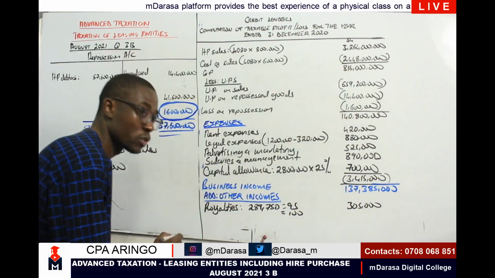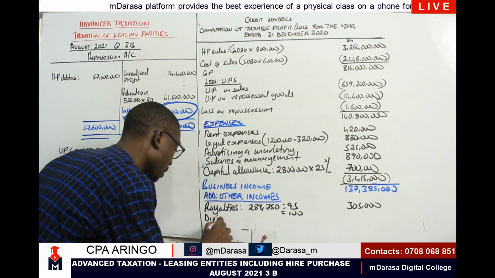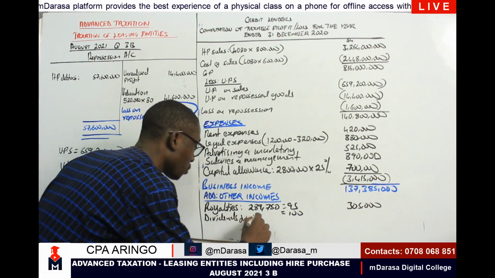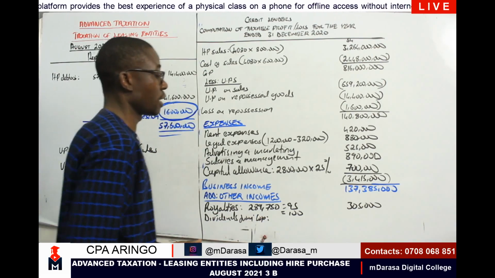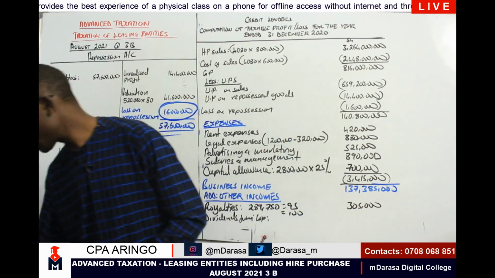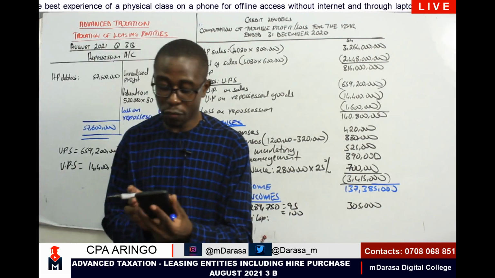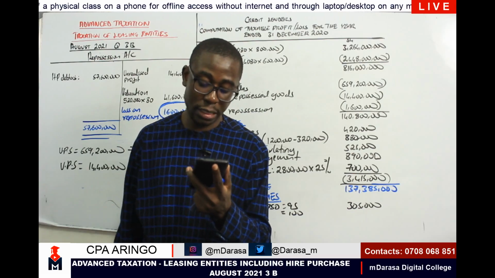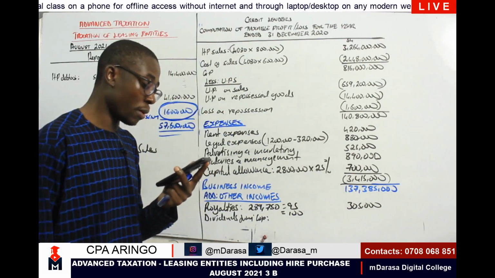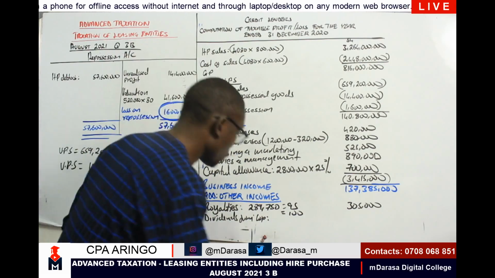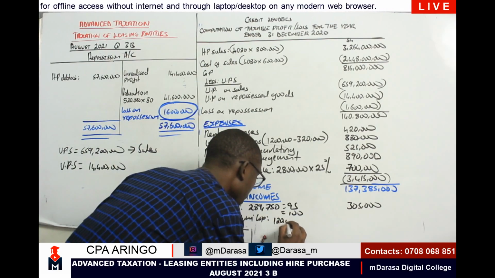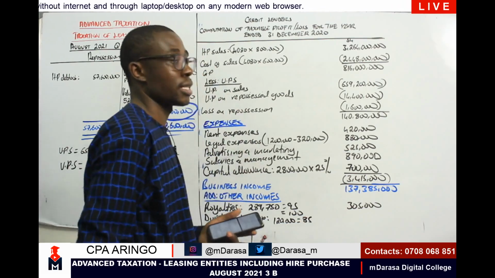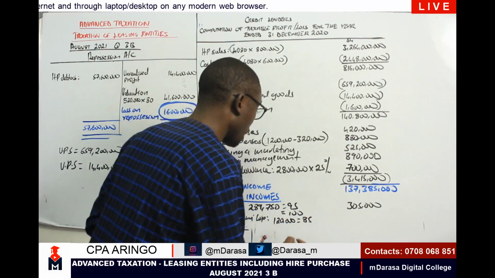Dividends from cooperative societies. The same case, you are given a net amount of 120. Dividends from Uzima Cooperative Society, 120 net. That 120 net is the same as 85% because withholding tax is always 15%. So what about 100%?